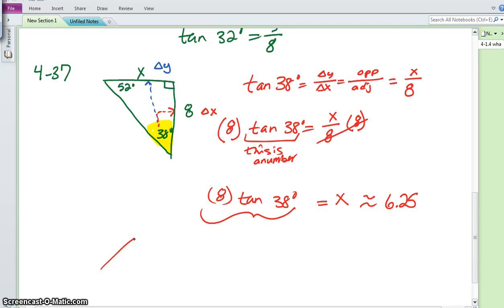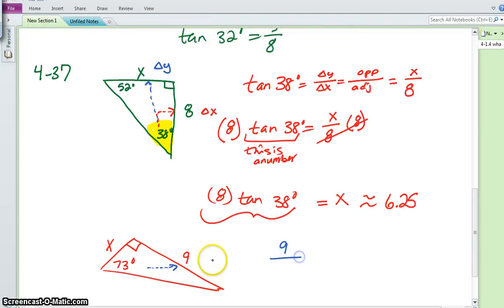Draw the triangle in B. I have a 73-degree angle with X right next to it, 9 across from it. So far for the tangent, we are not considering the hypotenuse. We really just need to compare the two legs in an opposite adjacent order.